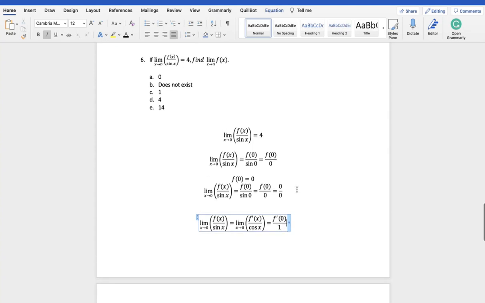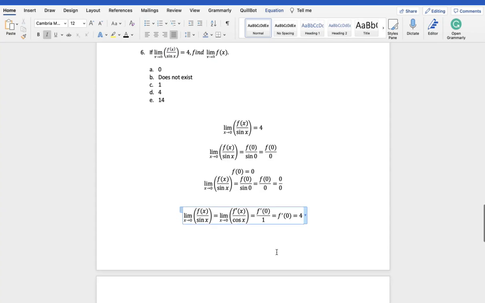I hope this is making sense up to this point. Since you're dividing f prime by 1, it will just be equal to f prime of 0, and from the original question, this limit was equal to 4, so you can just equate this to 4.